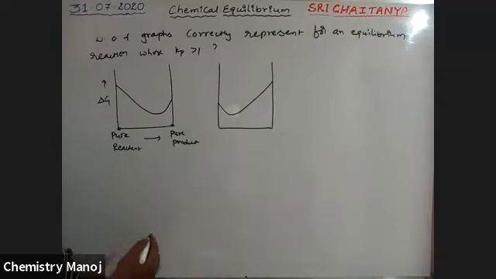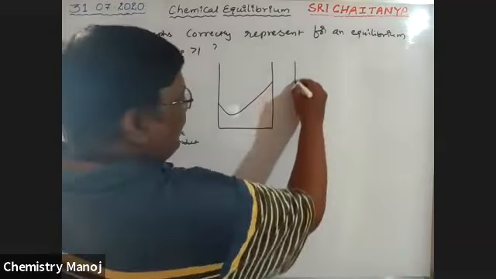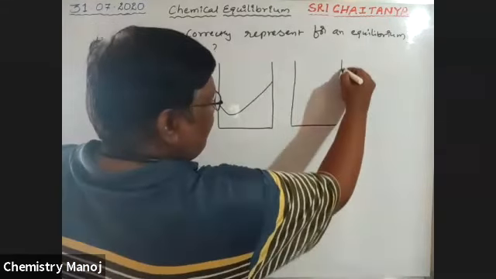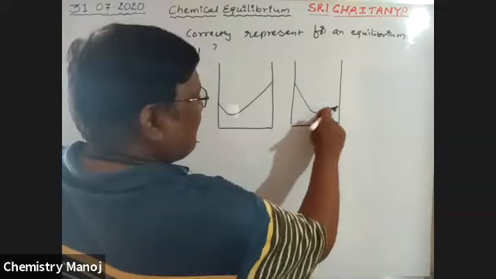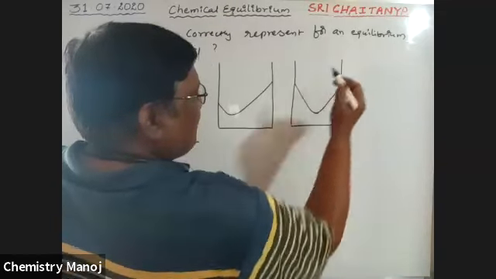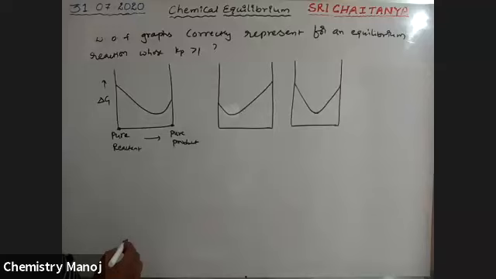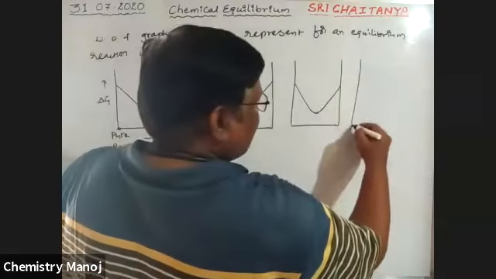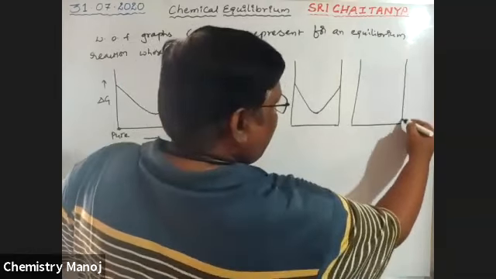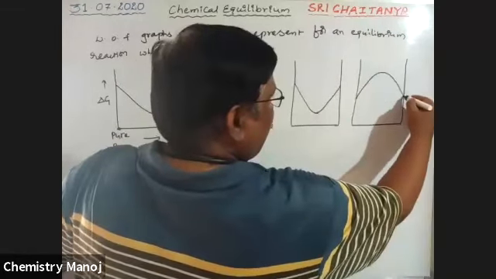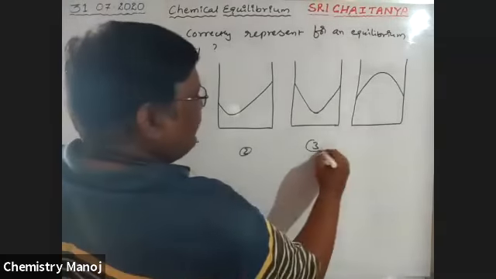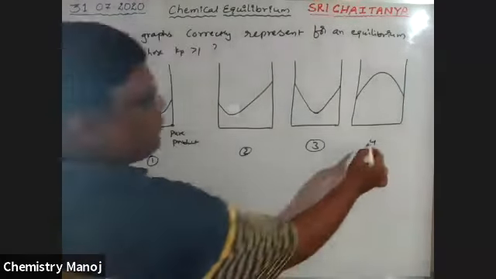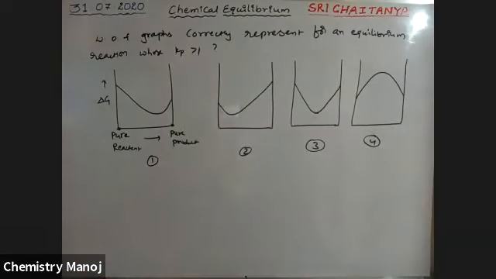Next, another graph like this, same coordinate axes. Another graph like this. So this is 1, 2, 3, 4. Which graph is correct?